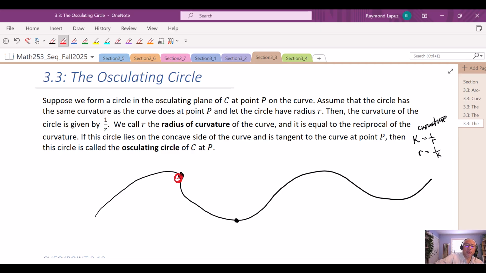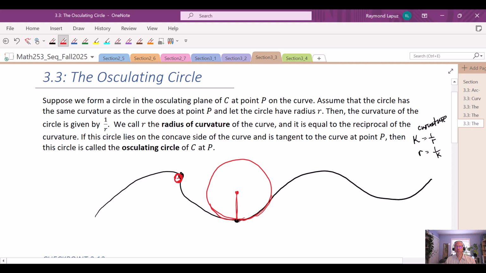And if you have a small curvature, then if you want the same curvature at that point, like the whole tangent idea, you're going to have a larger radius for a smaller curvature.